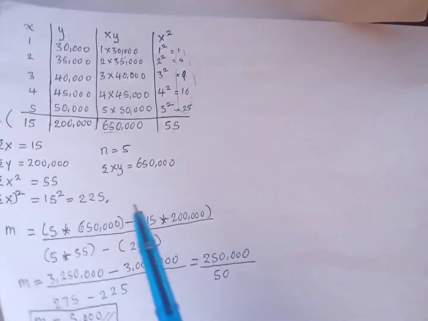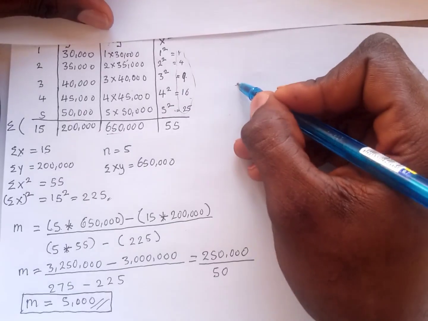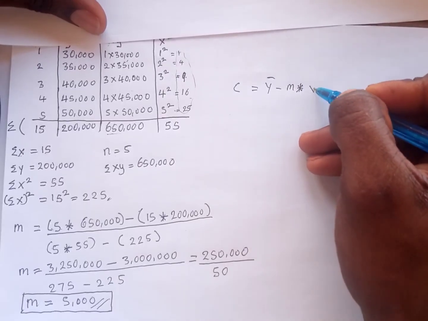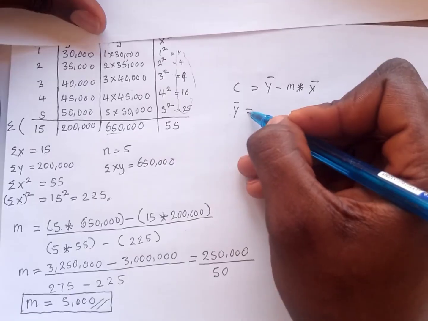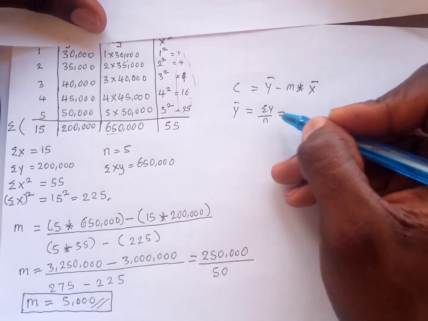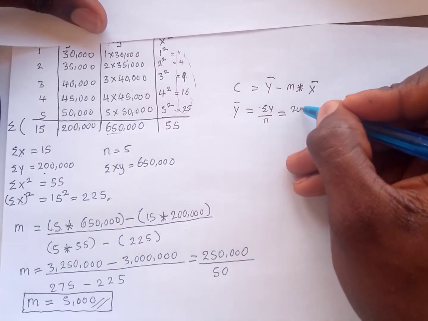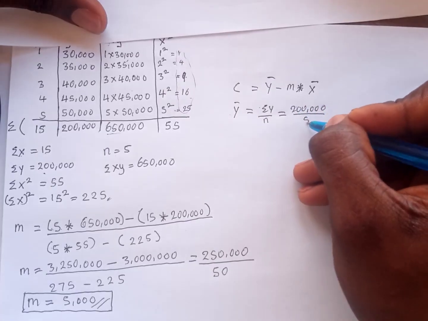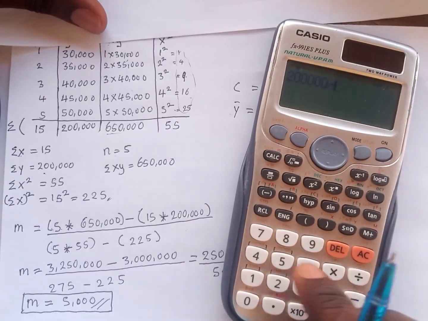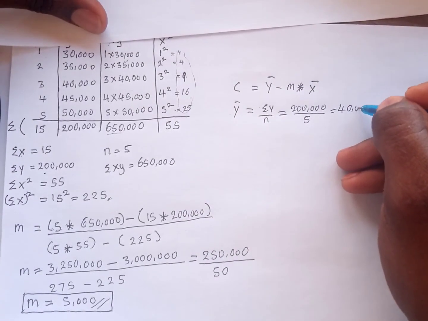Our y bar is the summation of y divided by n, which is 200,000 divided by 5, giving us 40,000.